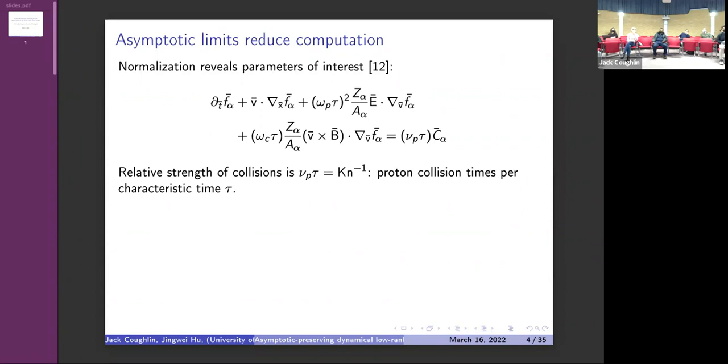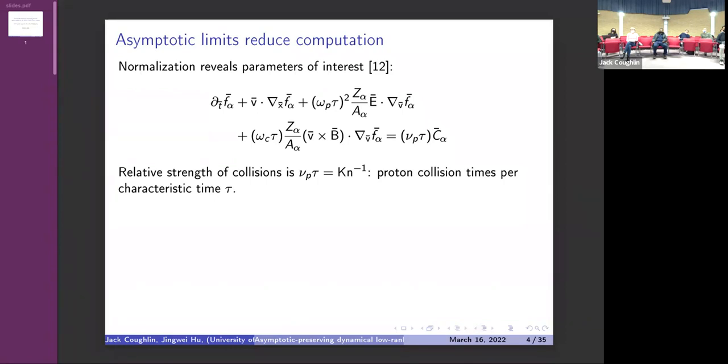Next, you've got omega c, the cyclotron frequency. That's the frequency of gyration of a single charged particle around a magnetic field line, right? The magnetic force is perpendicular to the velocity, and you get these orbits. And then finally, nu p tau, where nu p is the characteristic proton collision frequency, which scales with the temperature and the density.